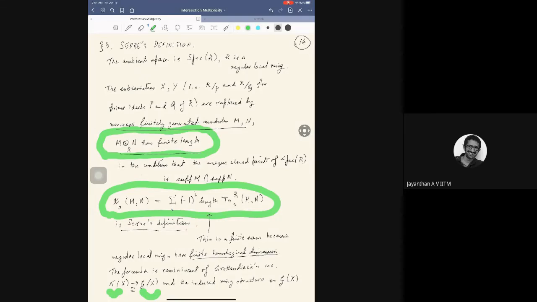But then vector bundles, locally free sheaves, form a ring under tensoring. So this has an induced ring structure on coherent sheaves, despite the fact that M tensor N is not an exact functor.